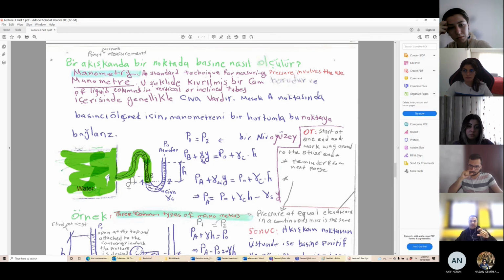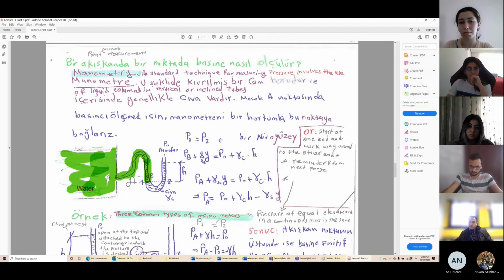The distance is Y. Okay, so pressure at point 1 equals pressure at point B above it, whatever pressure at point B is, plus gamma H. Now H is Y.